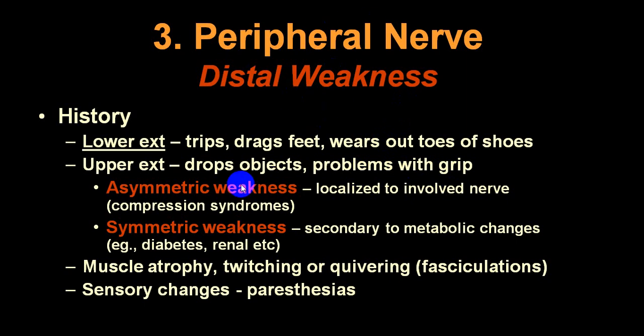Invariably, there will be asymmetrical weakness depending upon the nerve which is being involved. One of the most common causes of nerve involvement is compression syndromes like carpal tunnel syndrome, sciatica, Bell's palsy, etc. In some conditions which involve the peripheral nerve, you can have symmetrical weakness, and this is very common with metabolic disorders like diabetes.